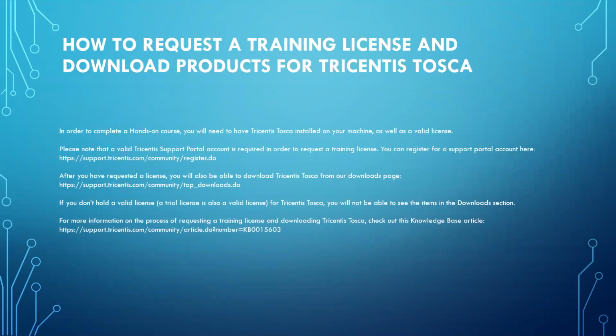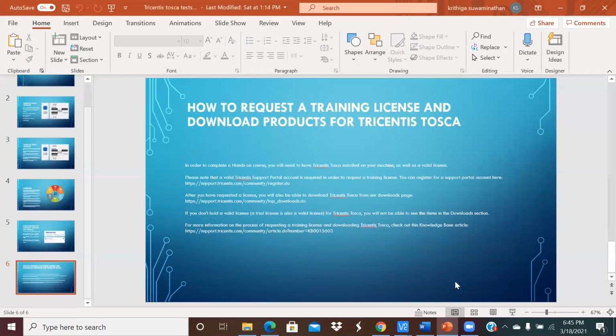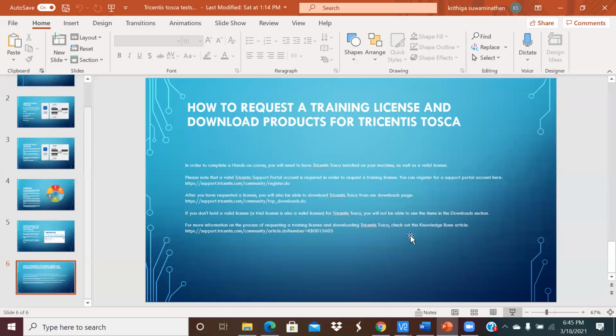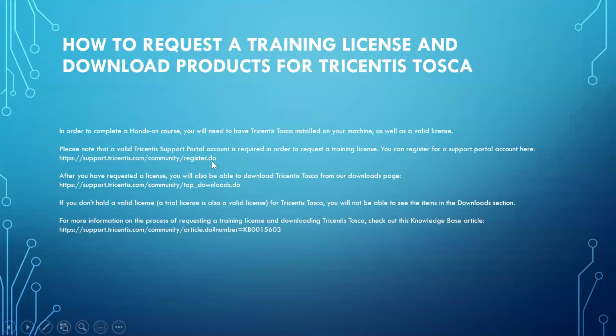So you need to have a user ID and login password to register at the Tricentis support portal, which is given here. You have to register yourself in their portal and then request a license.